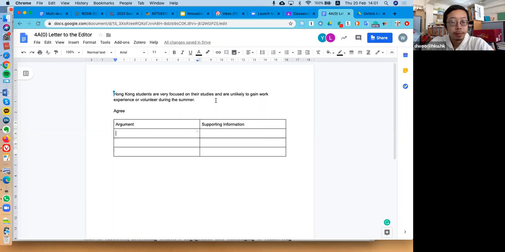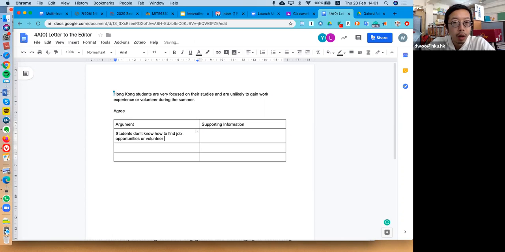Here's one. Students don't know how to find job opportunities or volunteer opportunities. So one reason why Hong Kong students are unlikely to gain work experience or volunteer during the summer is that Hong Kong students don't know how to find work experience or volunteer opportunities during the summer.